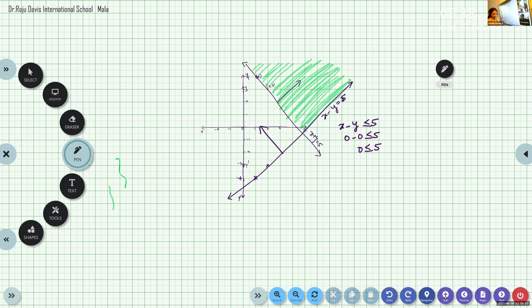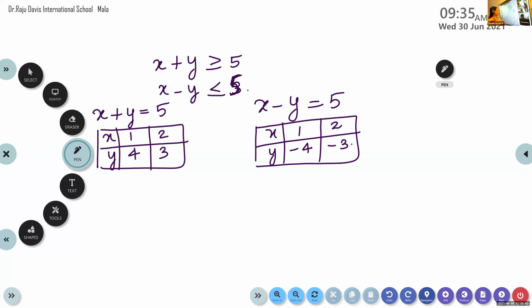Write the next question. Solve the inequalities graphically. Okay, write the question.